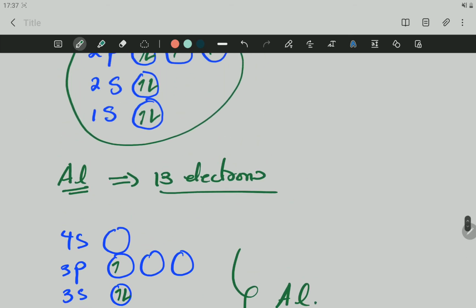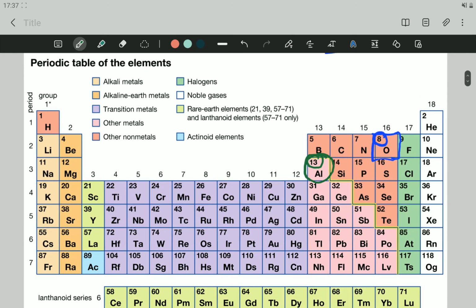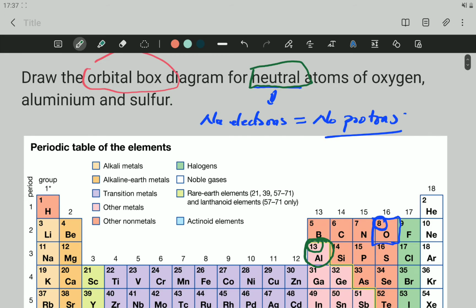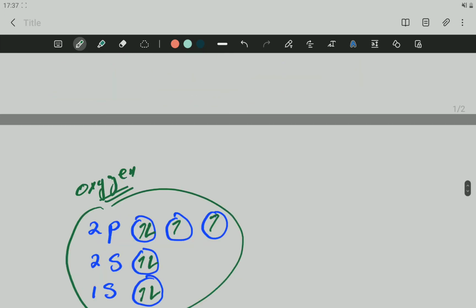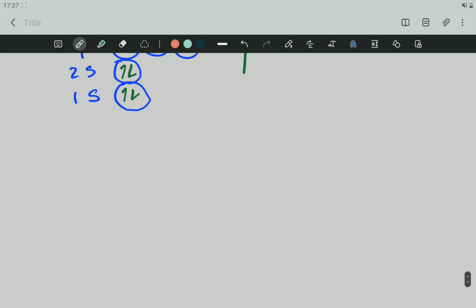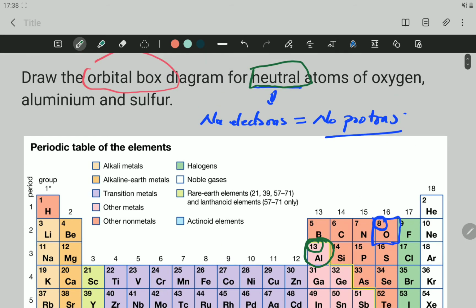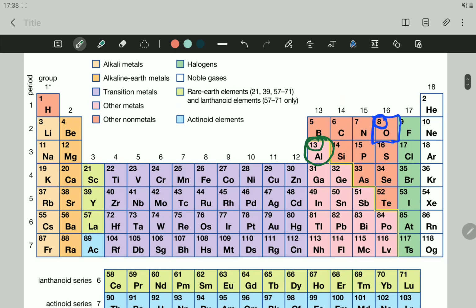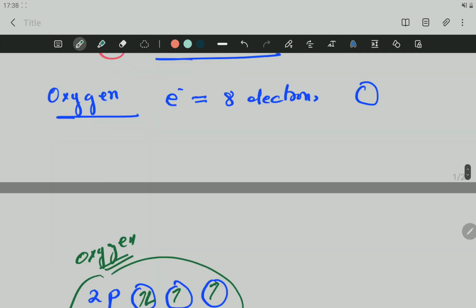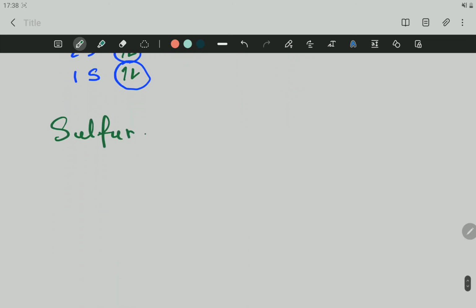Okay, let's go to the last one, which is sulfur. Sulfur is here. We have 16 protons and therefore 16 electrons for sulfur.